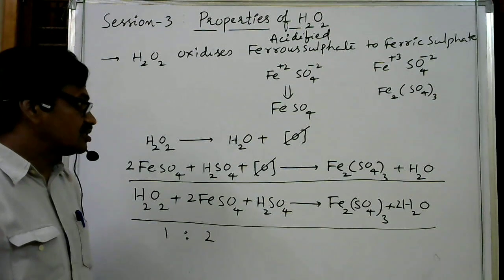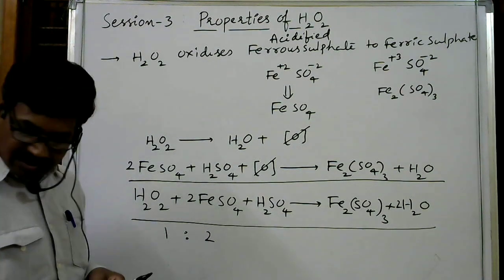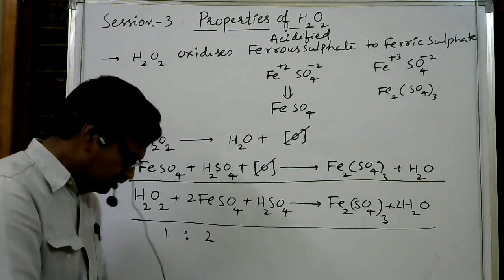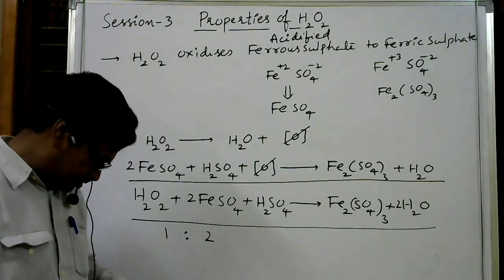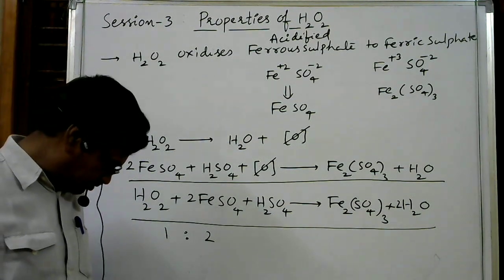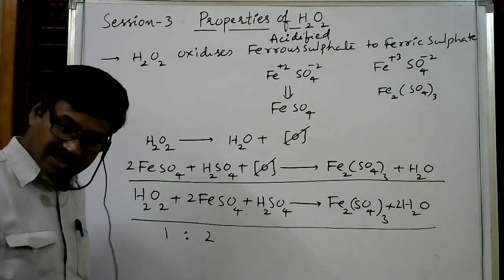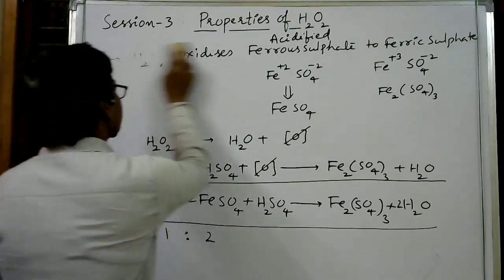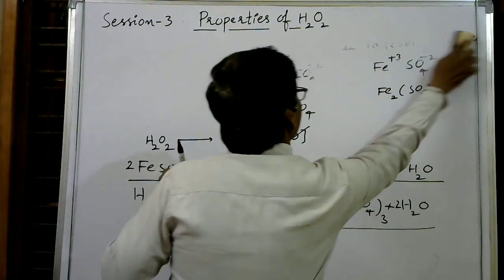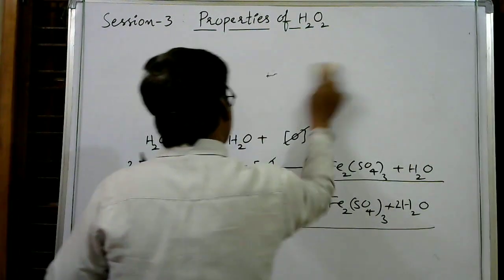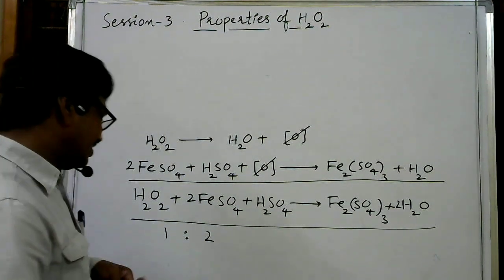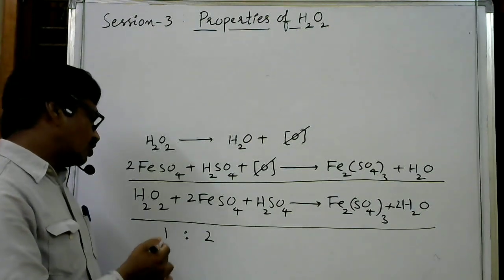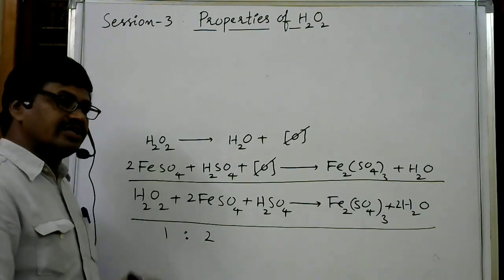From this, there is a chance to ask different types of questions, from first year basic concepts, reaction-based questions they may ask. Here, see, I am writing this question: how many moles of FeSO4 are required to complete the reaction with 0.5 moles of H2O2?